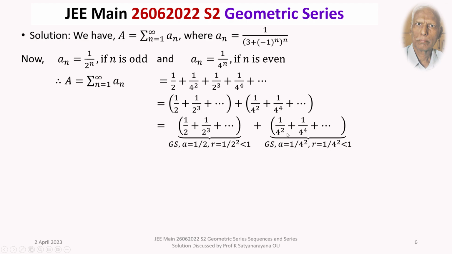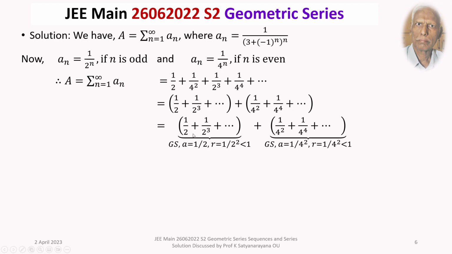And the second series is a geometric series with the first term a is equal to 1 by 4 square and the common ratio r is equal to 1 by 4 square, which is less than 1. In the case of a geometric series, if the first term is a and the common ratio r is such that mod r is less than 1, then the sum of the series up to infinity is given by a by 1 minus r.